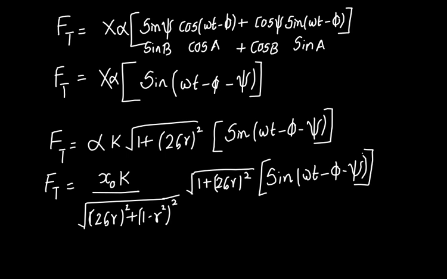Now, what is x naught into k? We have this equation. Well, for x naught, you have to go back to the solution for the forced vibration to understand what x naught is. I have explained in that video. But anyway, x naught here stands for the static deflection equivalent to the applied force.